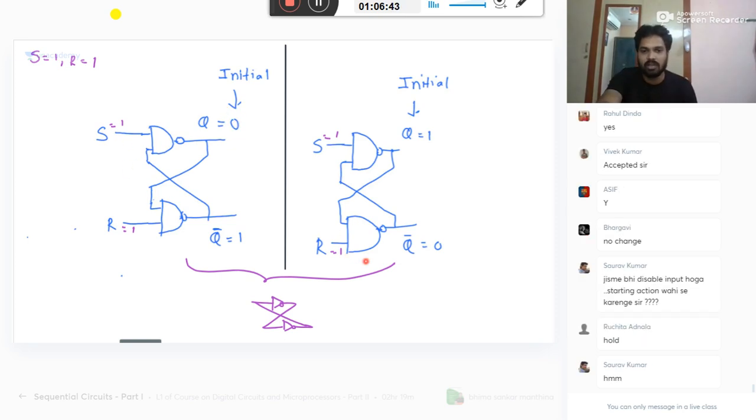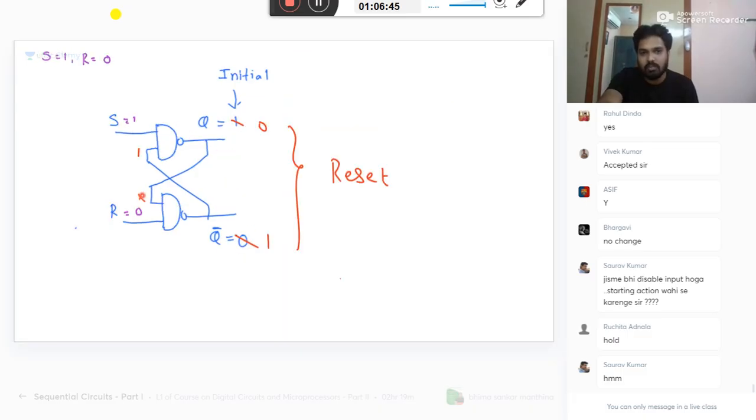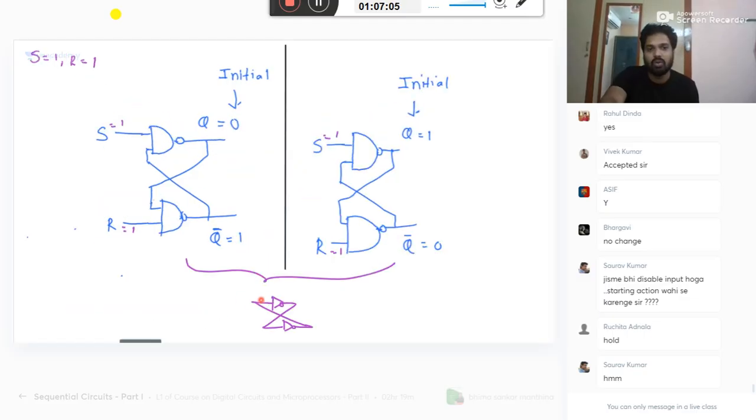If you have a disable input, we take the other input can be anything. That's why the initial value doesn't matter there, because you have don't care. What does it mean? The initial value can be anything. Accepted?